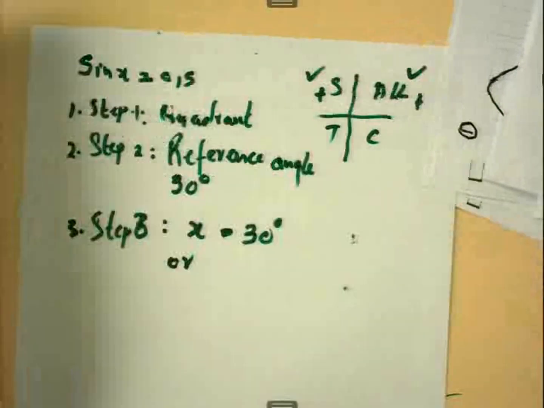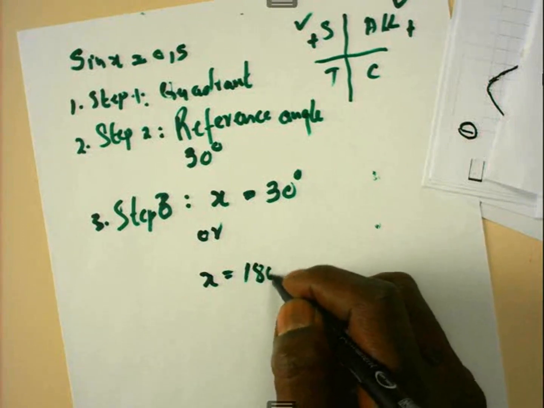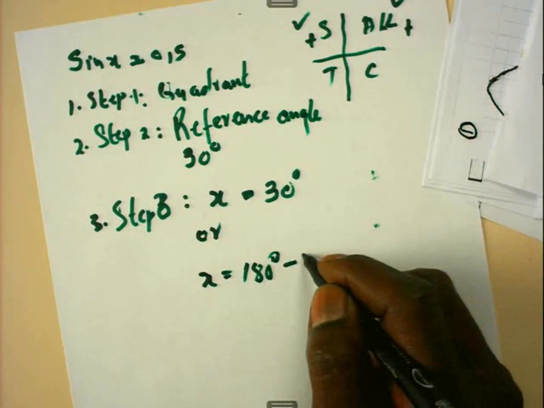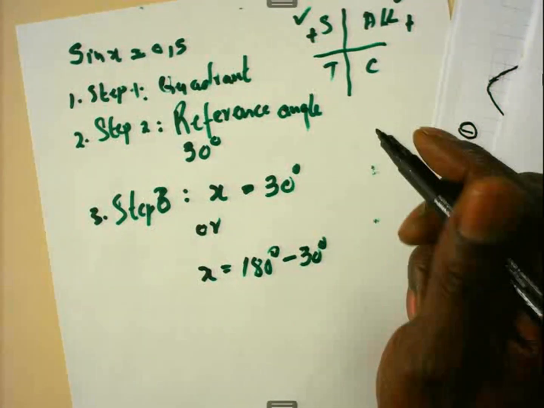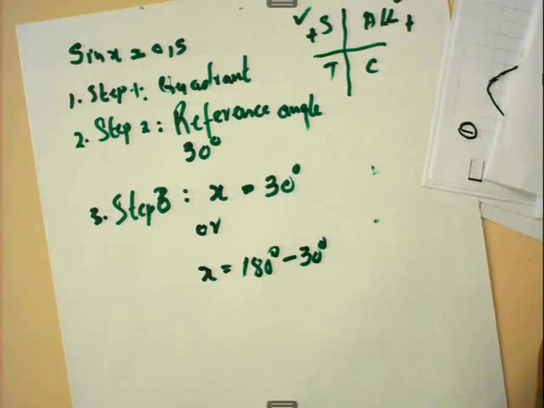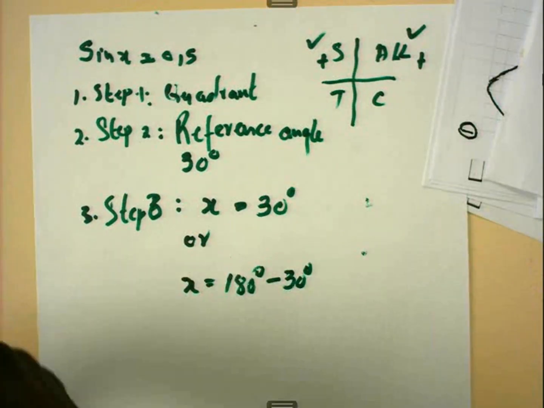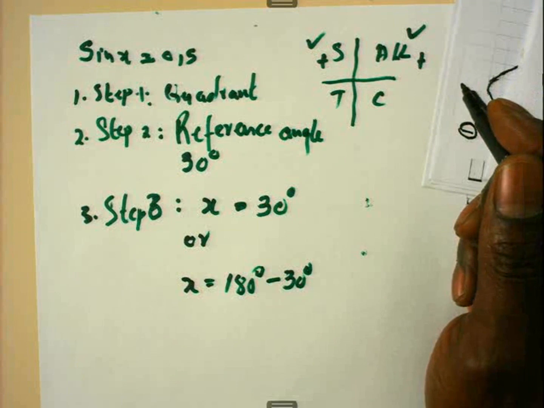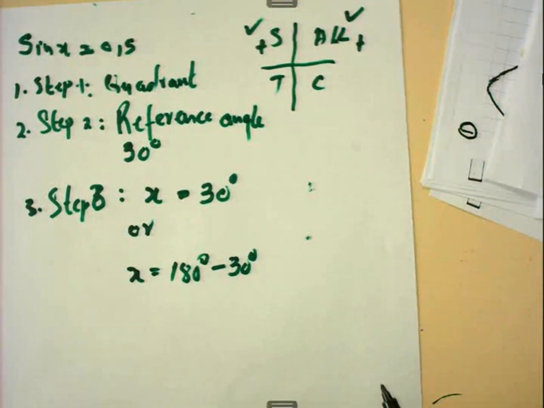And x is equal to 180 degrees minus that reference angle, which is 30 degrees. But now, before we can go any further, we must get to a situation where I was rotating for a number of revolutions to get the general solution for this problem.